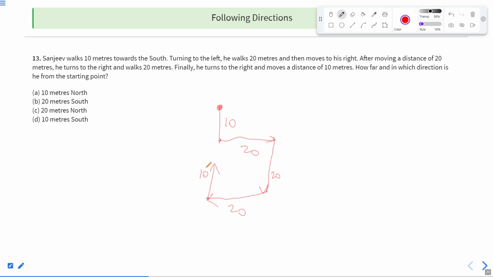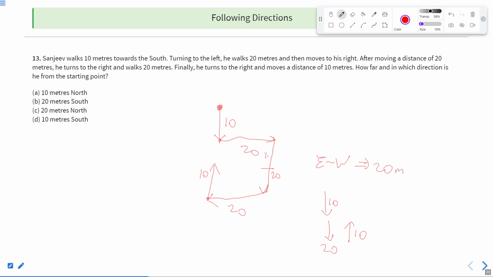How far and in which direction is he from starting point? Now we have left and right, east and west of 20 meters. So these two cancel each other out. So we have a southward movement of 10 meters plus a southward movement of 20 meters and a northward movement of 10 meters.